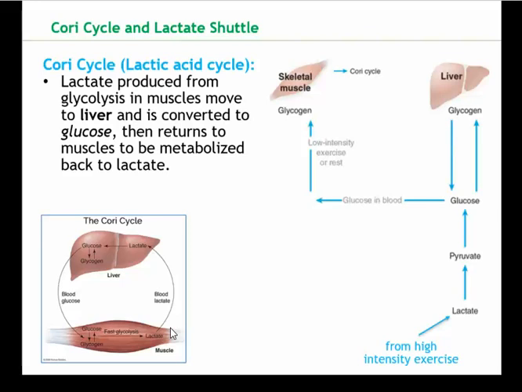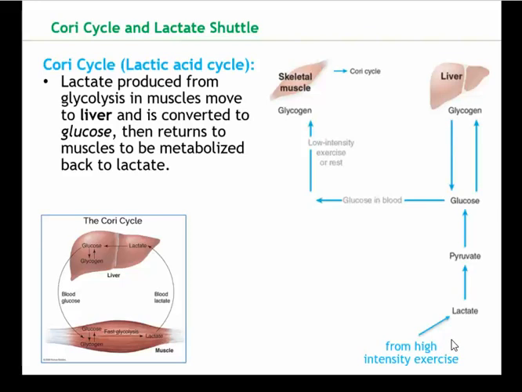But a way to clear lactate out of our system is to send it to the liver. And the liver can use lactate to make more glucose for our blood glucose levels, it can be sent back to the muscle to make more ATP, or it can be stored as glycogen so we can use it for fuel later.